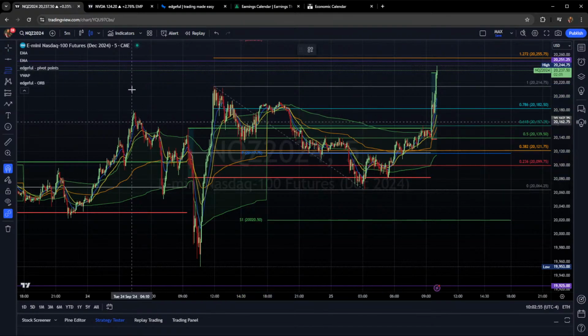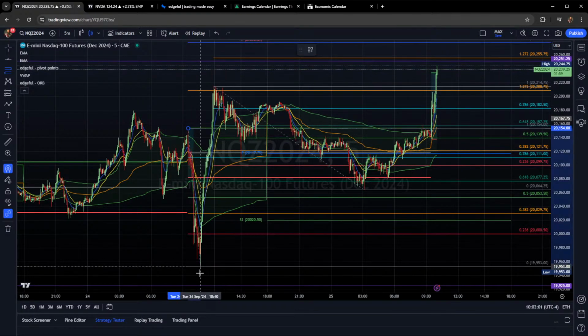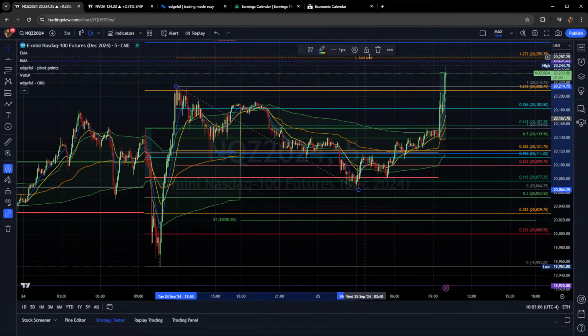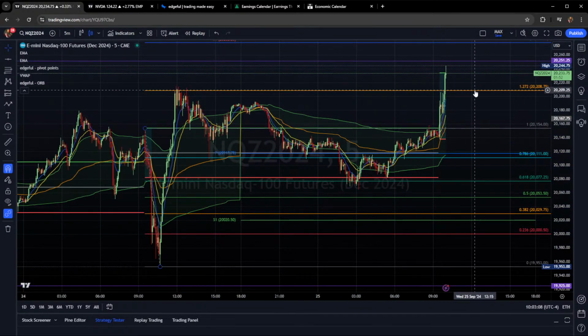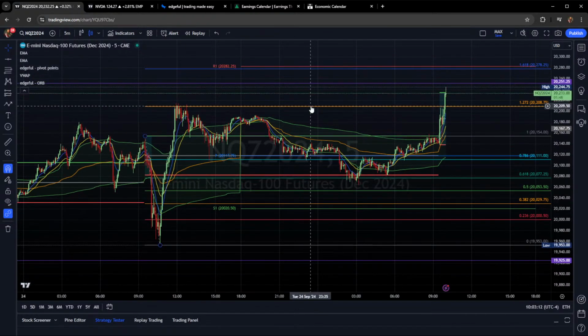The other thing I can do is draw that. So yesterday, the reason I like this fib right here, this would be the other one to watch, and I'll keep this on my chart because I like this. I think we're going to go here.